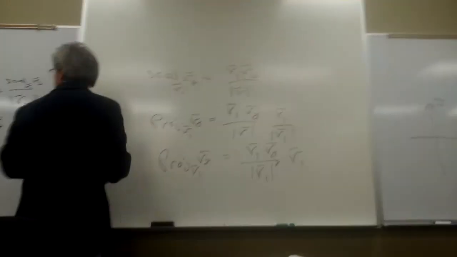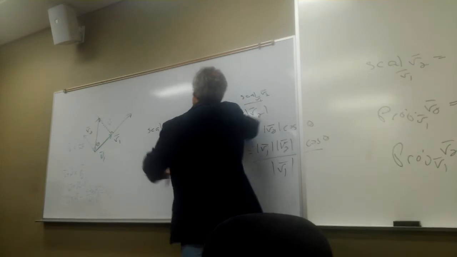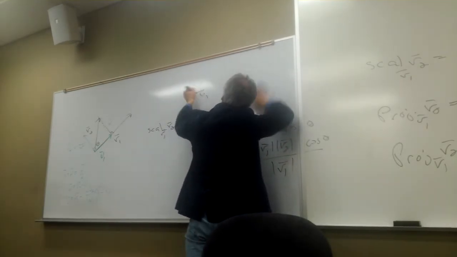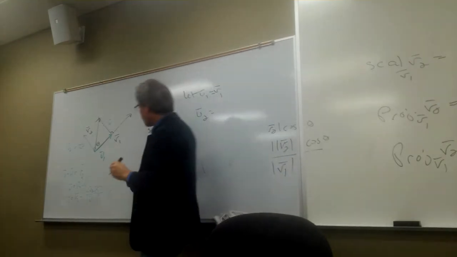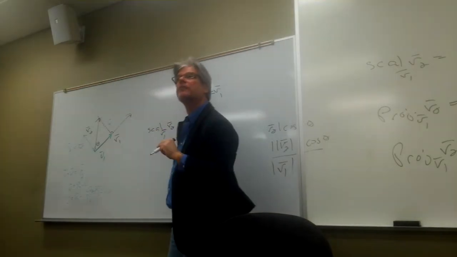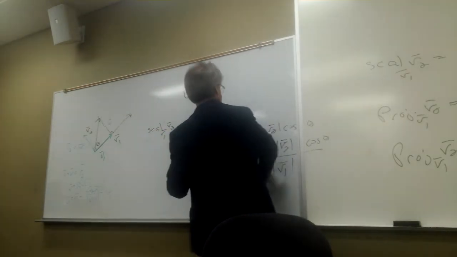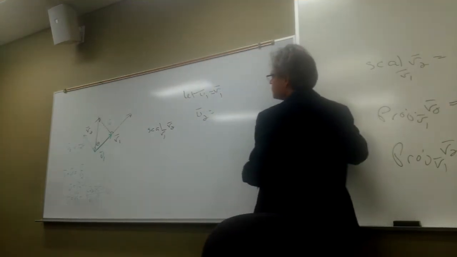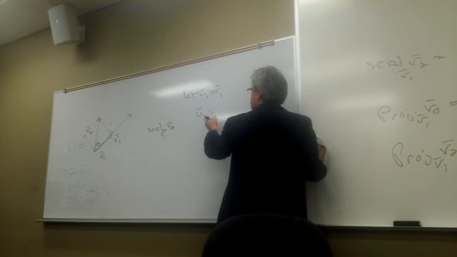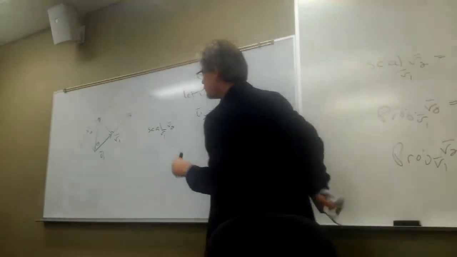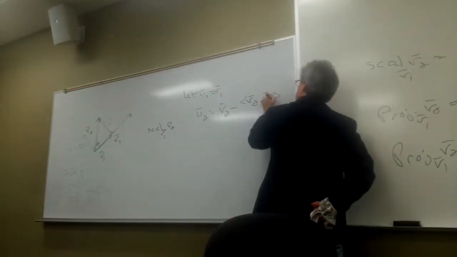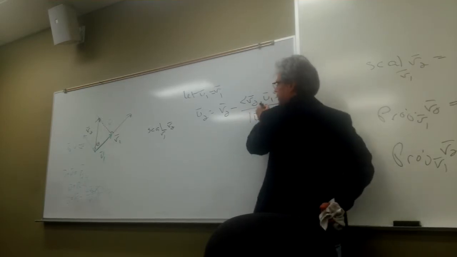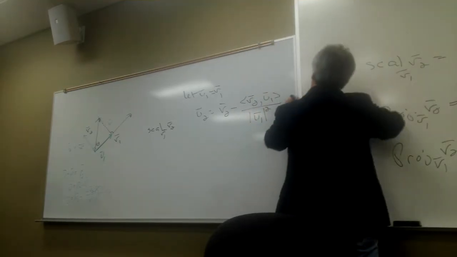And I think if I were to generalize this, I could say this. In my picture, let U1 bar be V1 bar. And I'm going to choose U2 bar to be nothing more than what I have down here: my V2 bar minus the projection of V2 bar onto V1 bar, which is the same as U1 bar, all over U1 bar's magnitude squared, times my U1 bar.